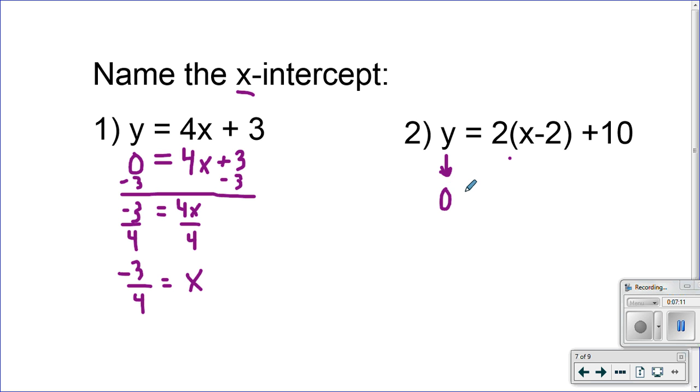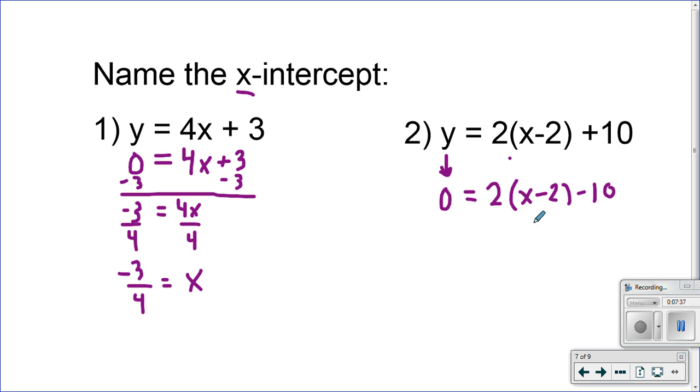If I just substitute a 0 here, I have 0 equals 2 times x minus 2, plus 10. Could we just simply undo this equation without our distributive property? Well, let's see if we can do some undoing.